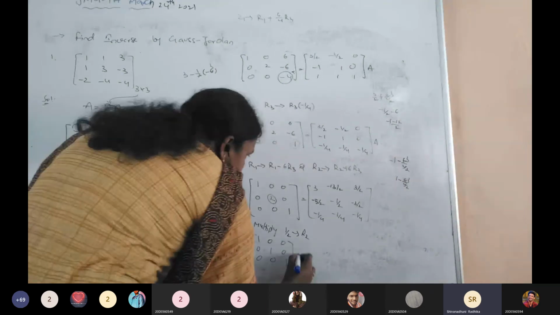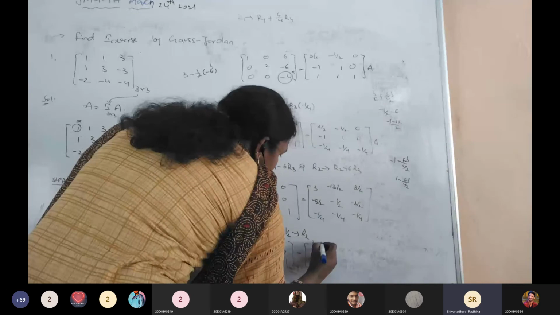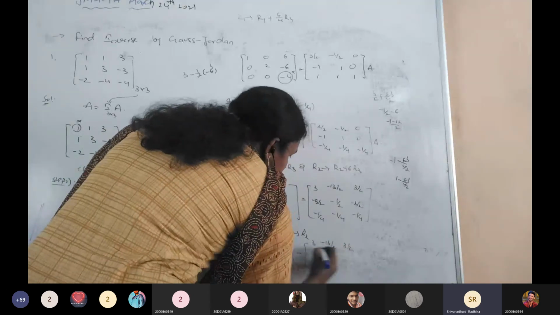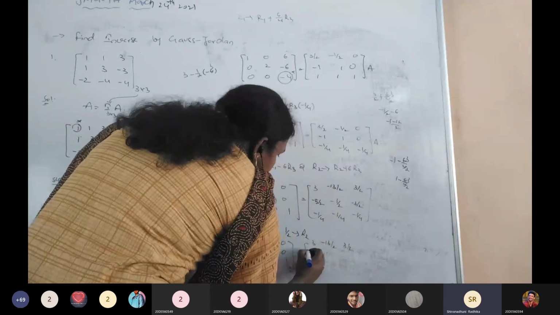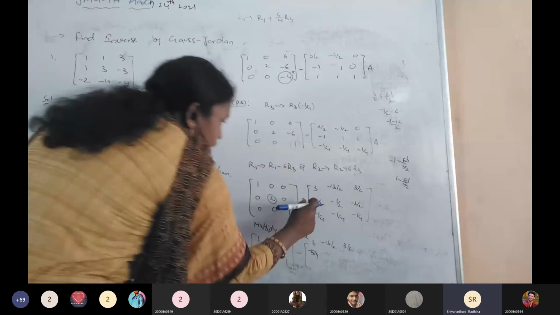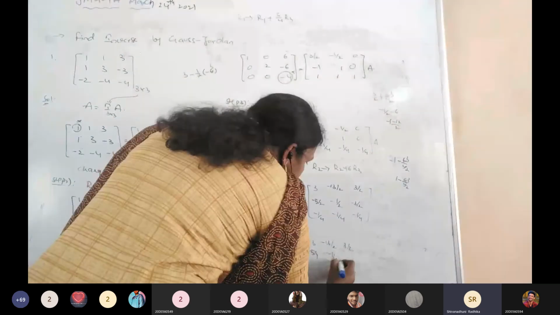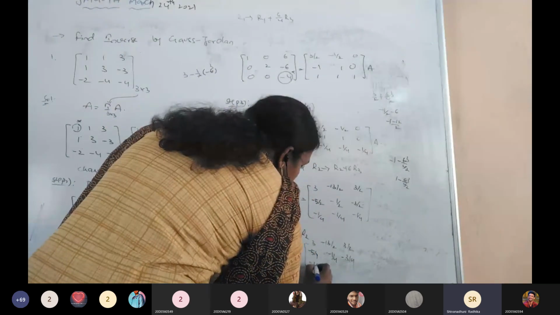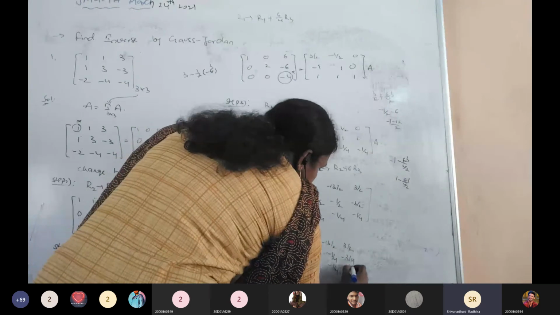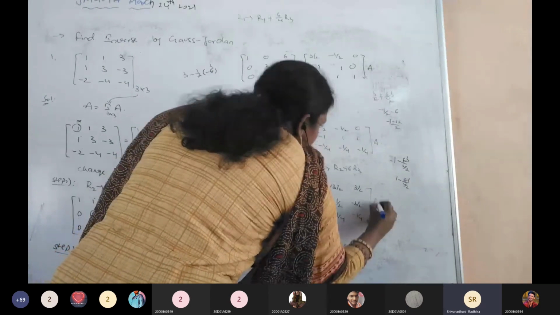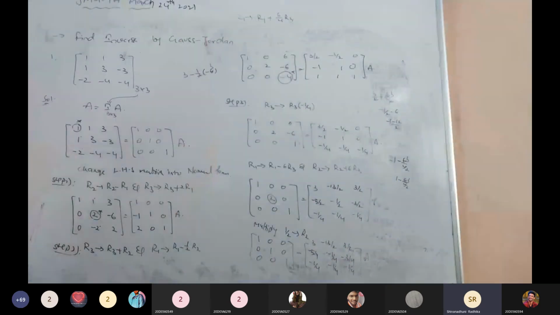Again this operation on the right side. 3, minus 3 by 2, 3 by 2. Again this is what? Minus 5 by 4, 1 by 2 is multiplied. Minus 1 by 4, minus 3 by 4. Again 1 by 4, minus 1 by 4, minus 1 by 4 into capital A. This is the inverse. Which one is the inverse?